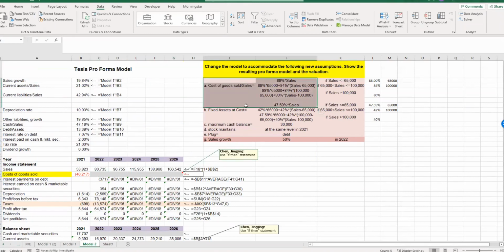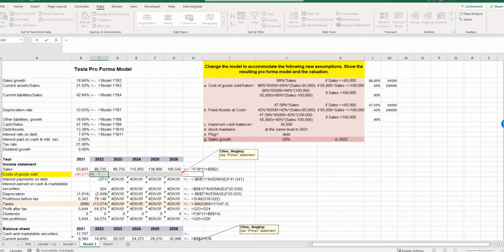So let me first do A and then B, C, D, E, and G. So here equals, so I'm going to write a big if statement here. So if this is less than 65 and sales cost of goods sold equals to 88 times sales.